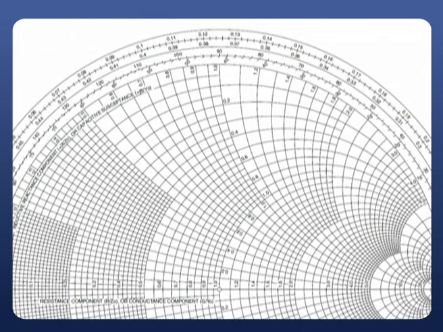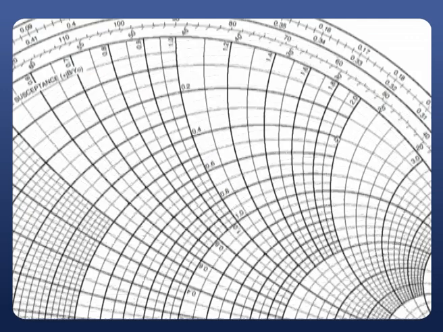All these values which are printed here, where I am showing with the pointer, are meant for positive reactance. You can take any value of the reactance. This is a value of plus 50, this is plus 20, and this is plus 2.0.